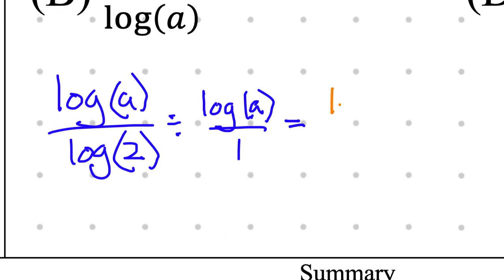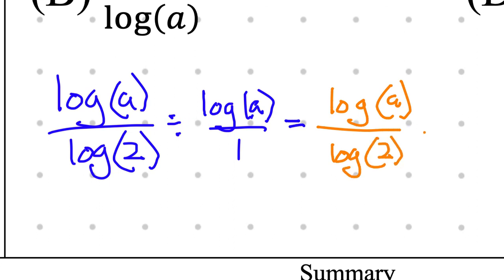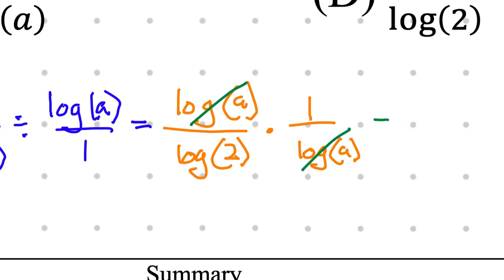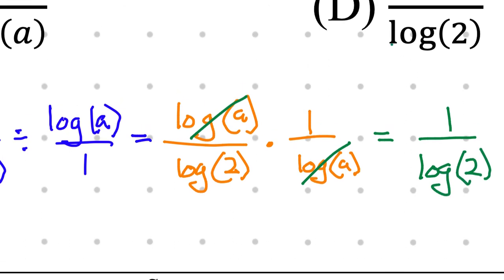So I keep log of a over log of 2, and then I change the division to a multiplication, and then I change it to 1 over log of a. I flipped it. I took the reciprocal. The log of a's cancel out, and you are left with 1 on the top and log of 2 on the bottom. Correct answer, D.